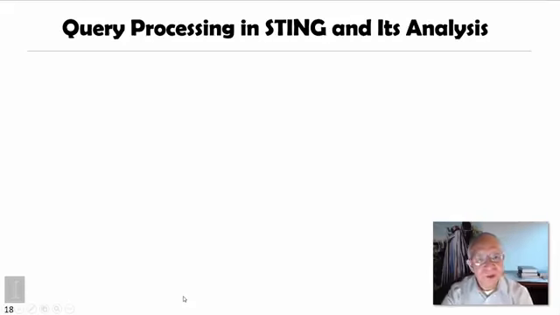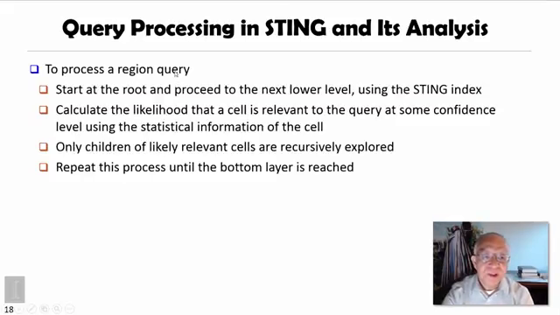So if we store these cells in a hierarchical way, to process a region query, including finding clusters, we can start at the root of this grid structure and proceed to the next lower level using this STING indexing structure.